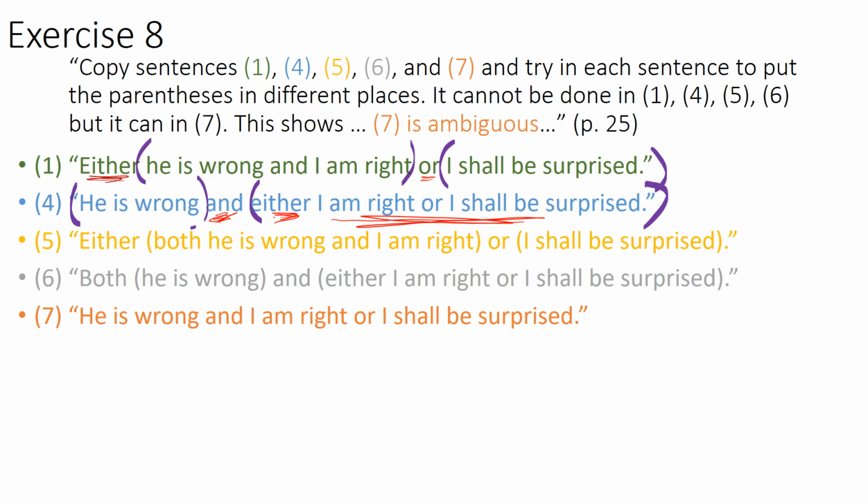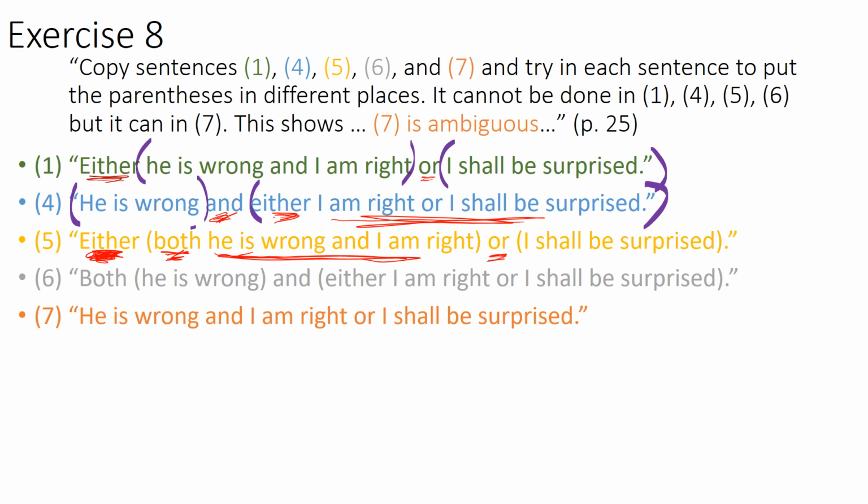So if we think about it, first off, the either starts off the sentence, and then immediately following the either we have a both. So right there with the both, you would suspect that there's a grouping of a conjunction, right? But the either right over here seems to indicate, or at least suggest, that the or will be dominant.